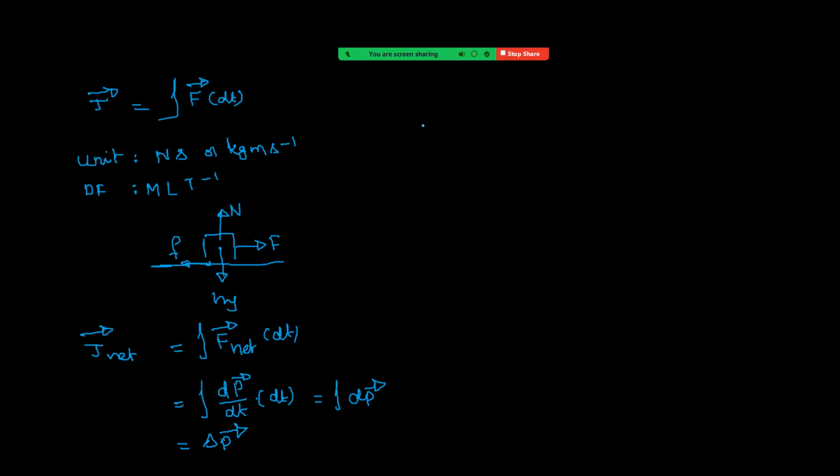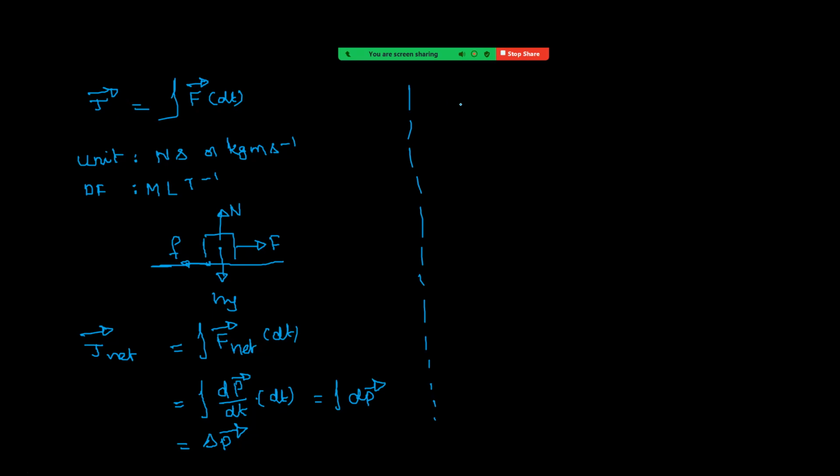Okay. Right. And from this definition, we can say one more point. We have learned that integration gives area, right? It is now integral f bar dt. That means if we consider a force time graph, the area under the graph with the time axis gives impulse of that force.